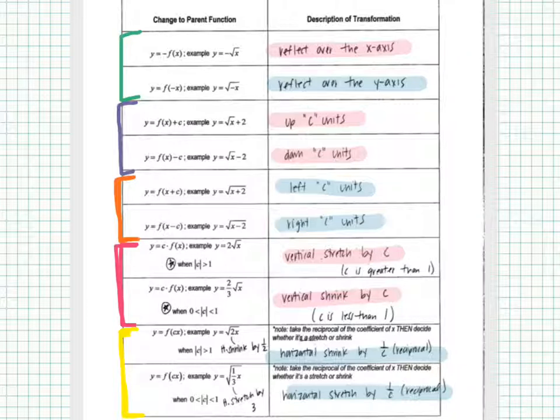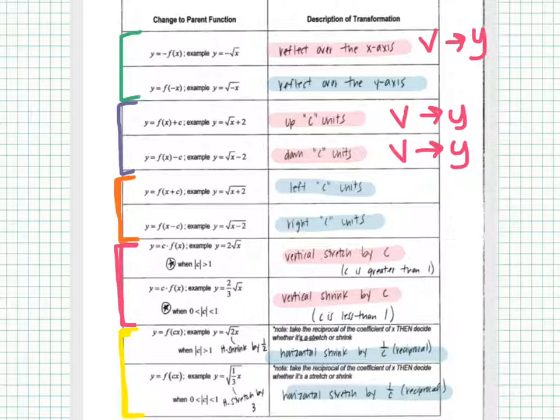Okay, so the significance of these is that anything that happens on the outside of the function is going to be some sort of vertical movement, so it's going to impact your y coordinate. So reflect over the x-axis takes the function and flips it upside down, and that's a vertical movement. If you look at the up and down, again, it's a vertical movement, and it's impacting your y coordinate.